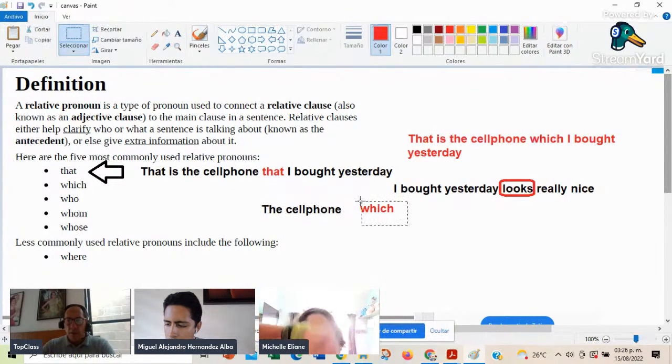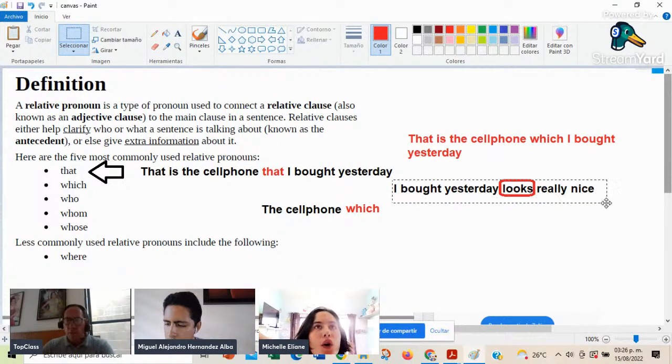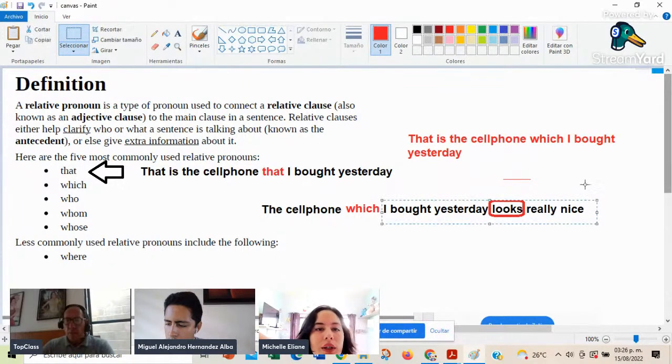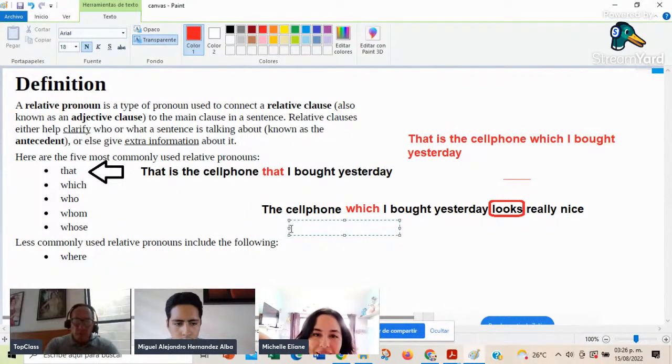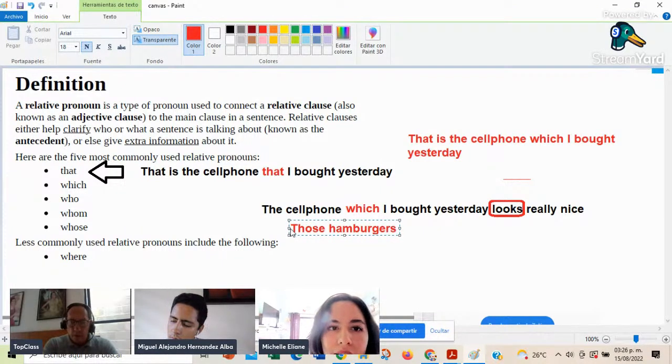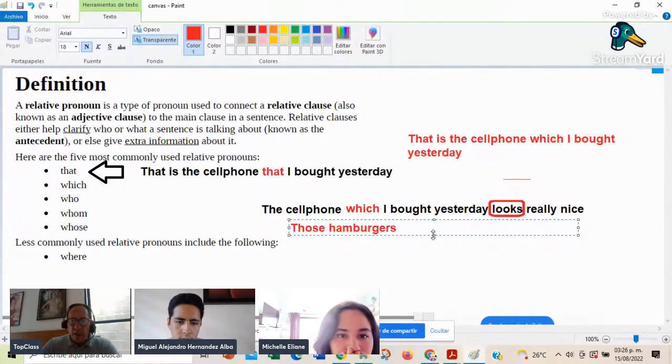Could be, those hamburgers are. Okay, why don't you put something extra like which have pineapples?